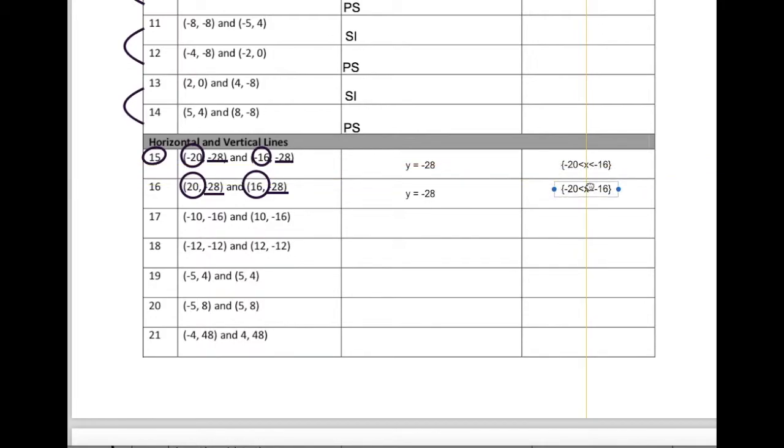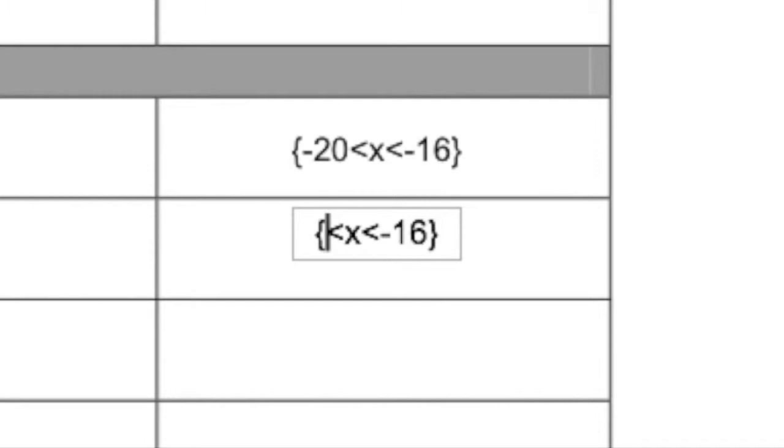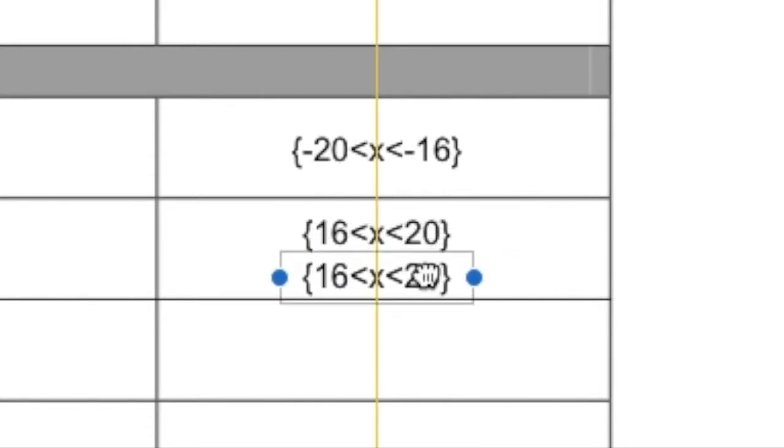We could write them as the smaller number on the left. So I would say 16 is less than x is less than +20. I could also write that as, let me duplicate that. Either one of these is fine. I could put the 20 on the left side and the 16 on the other side, but then I would go ahead and switch my inequality symbols around.